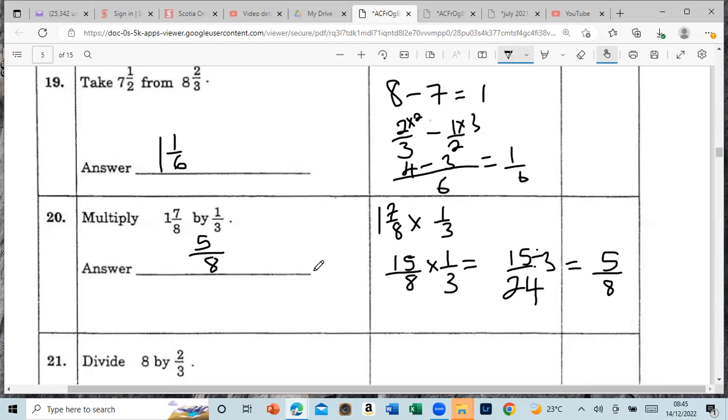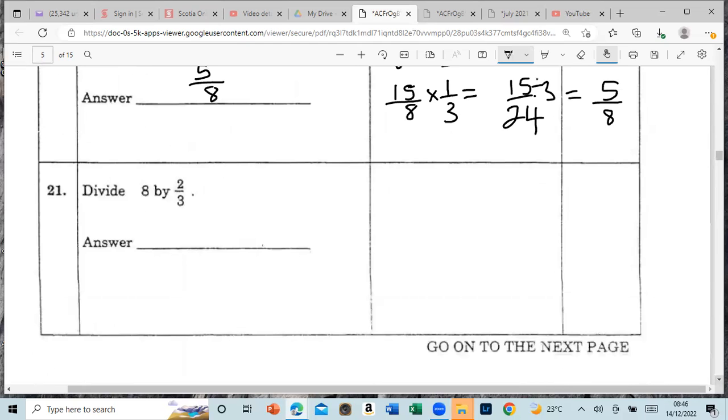Alright, so let us look at another one. We're going to look at number 21, and it says divide 8 by 2/3. What's the answer for that, guys? Let's go, let's go. 8 divided by 2/3.